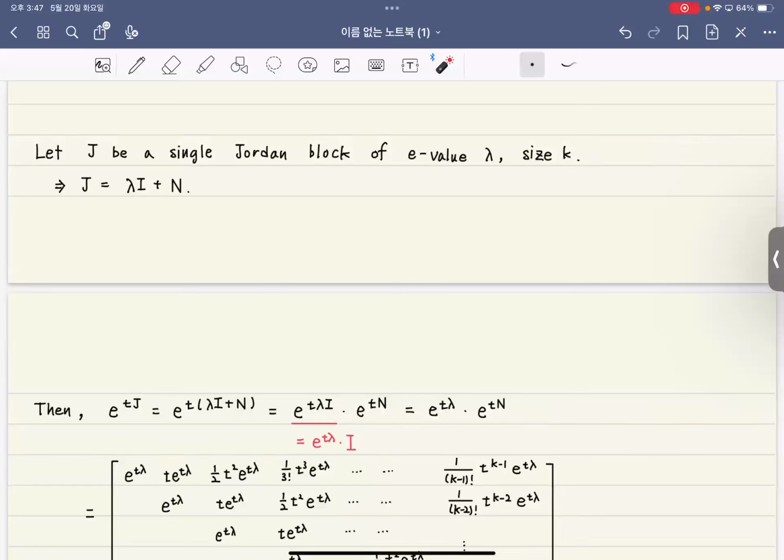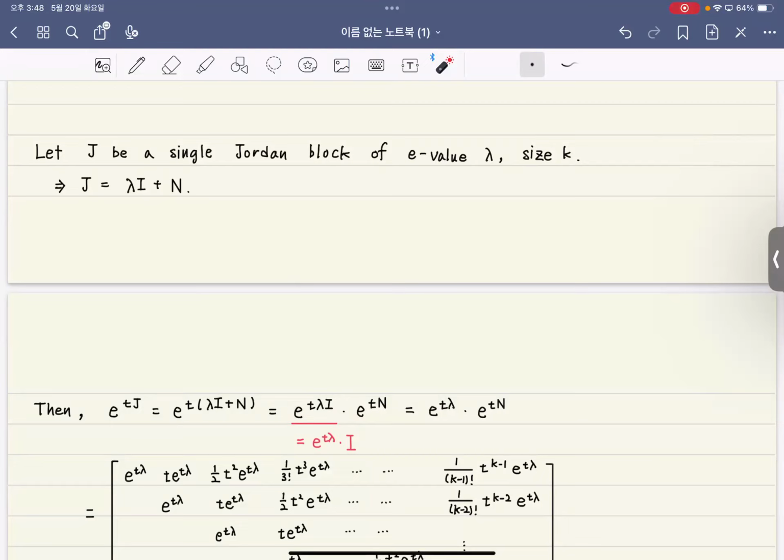Okay. Now, can you compute these matrix exponentials? e^(t lambda I), the matrix exponential of a scalar multiple of the identity matrix, is one of the easiest to compute.